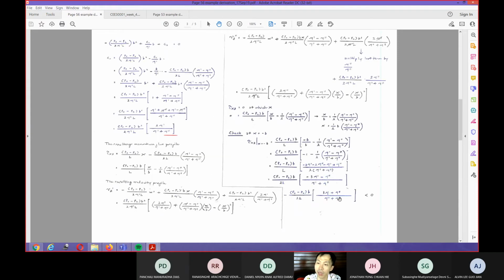Then you may ask me why I know that this is negative, because I know that the P naught should be higher than the PL, right? P should be positive, L should be positive. This viscosity of the first phase and the viscosity of the second phase should be positive, right?